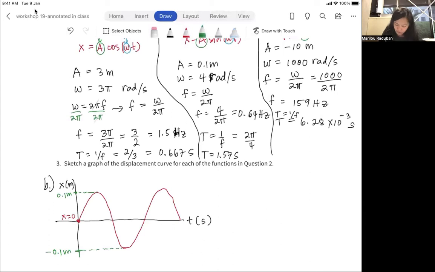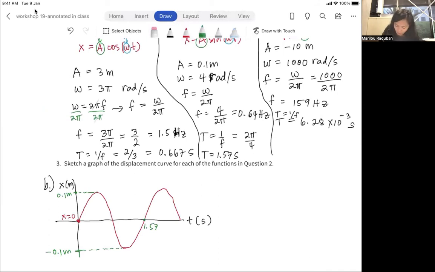So period is the distance between 2 points just before your pattern repeats. So from this point to the origin, that's the period, 1.57 seconds.